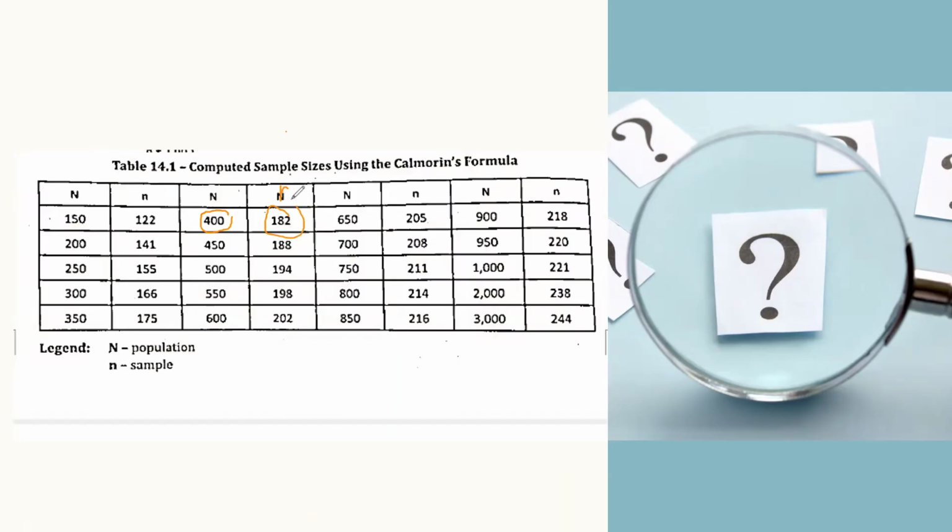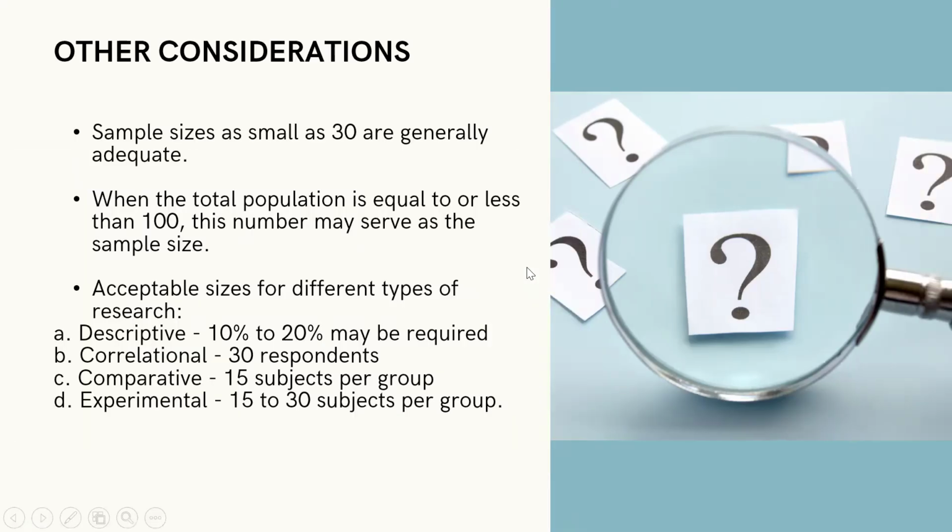This should be small letter n. And if you have, say, for example, 850 respondents, you will have 216 sample. And a while ago, we were able to solve 800, and you got 214 sample respondents. We have a summarized table. But once again, the Slovin's formula is a commonly used formula in solving for the sample size. So next, we're going to close this part, clear all the drawings, and proceed to the next slide.